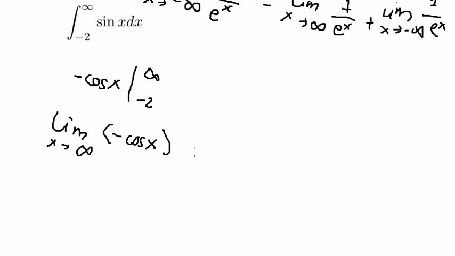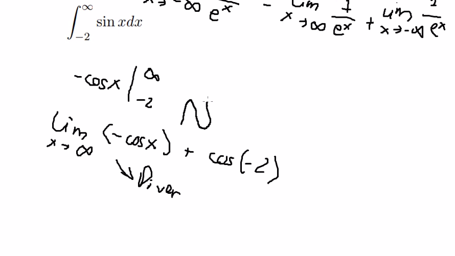This one you get positive cosine of negative number 2. This one is divergent. Why? Because when s goes to positive infinity, the value goes up and down many times like this. So this one is divergent.